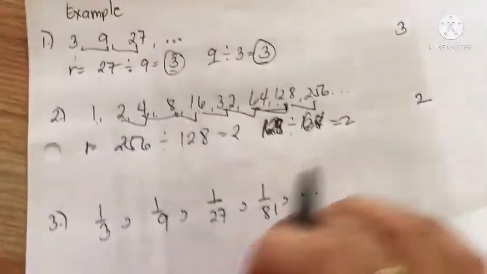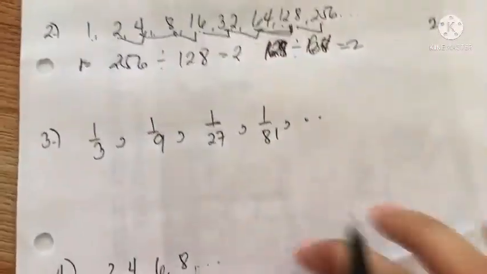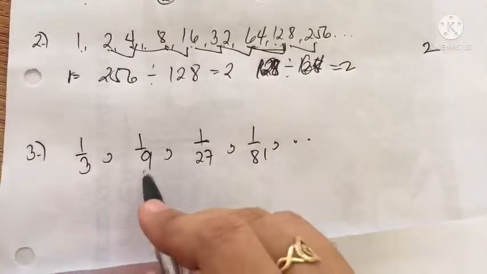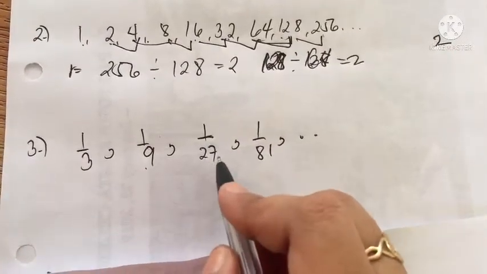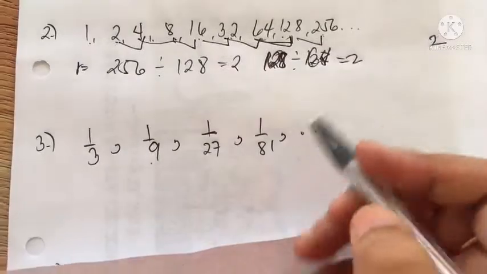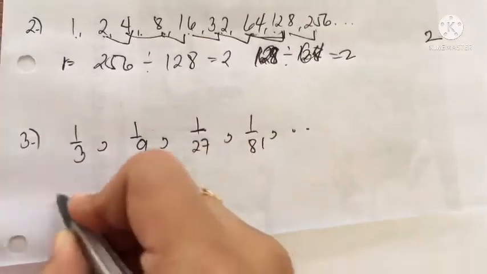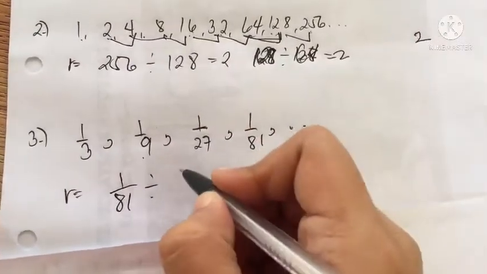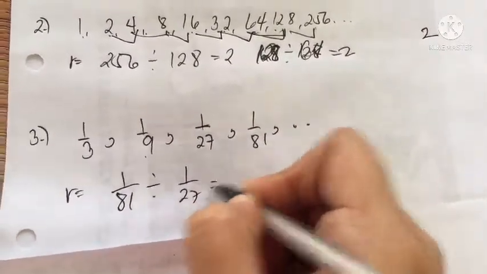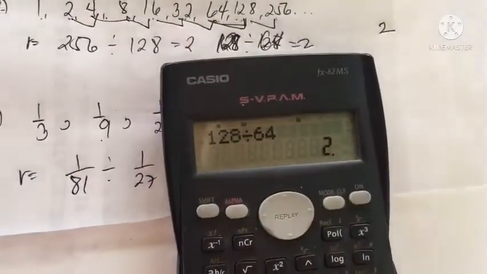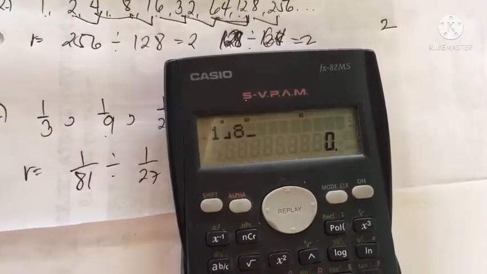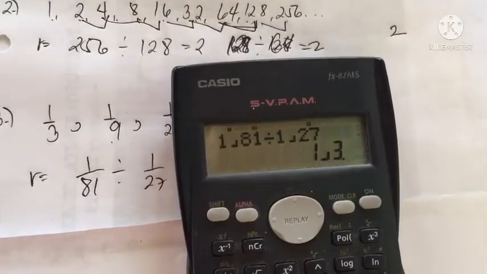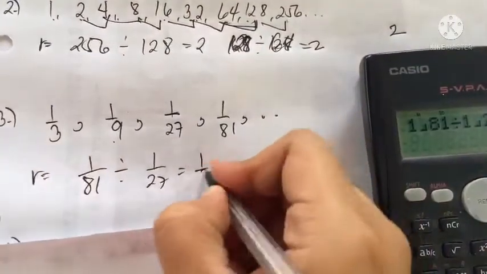Okay? Susunod. We have here 1/3, 1/9, 1 over 27 and 1 over 81. So divided by natin. So ratio natin, so 1 over 81 divided by 1 over 27. So gumamit tayong calculator. Ang sagot natin is 1/3.